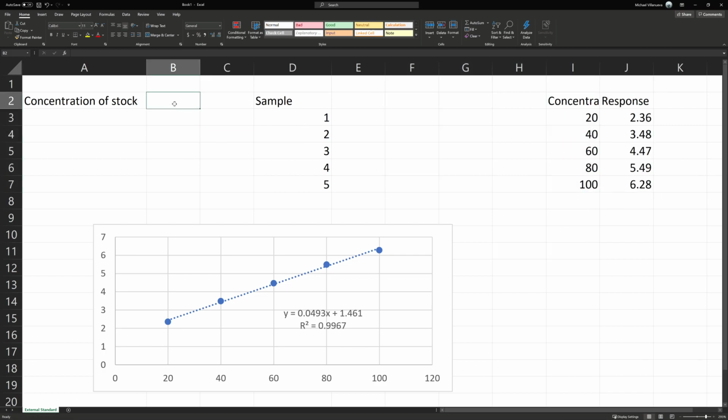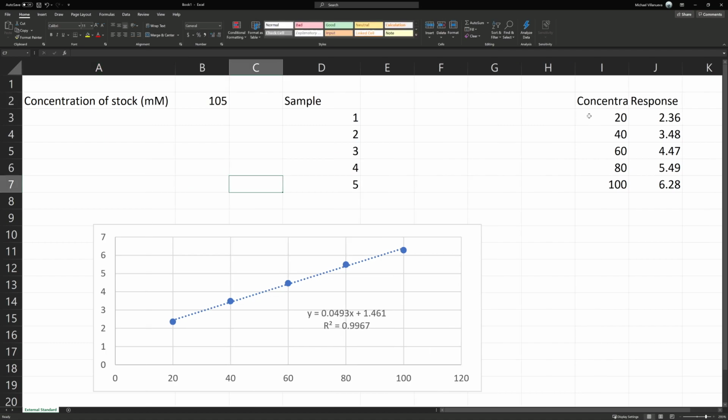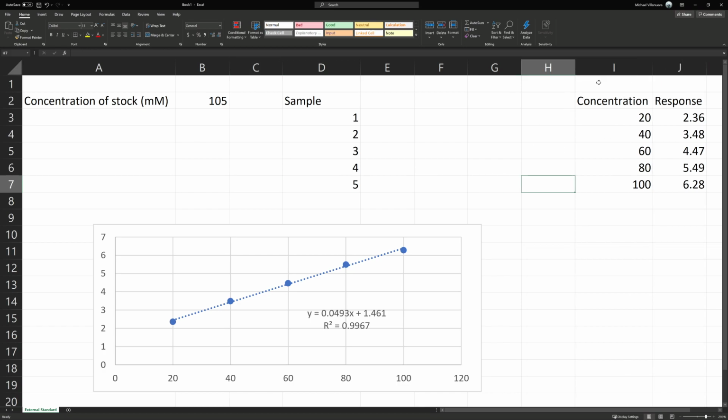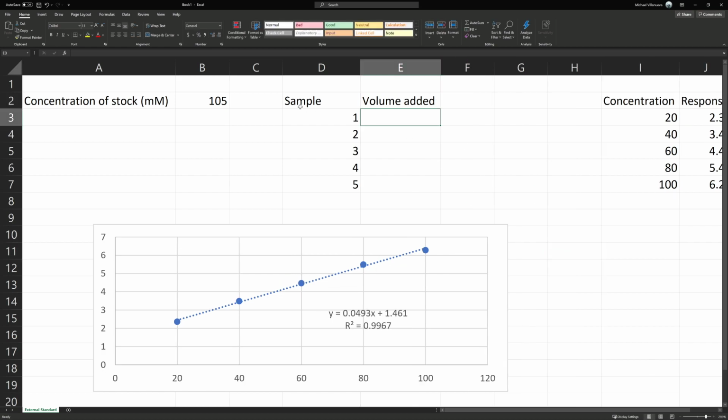Let's say that our stock concentration, because we never prepare things perfectly, our stock concentration was 105. Now let's say this is in millimolars. Let's say to each of these, we added some volume of this stock.